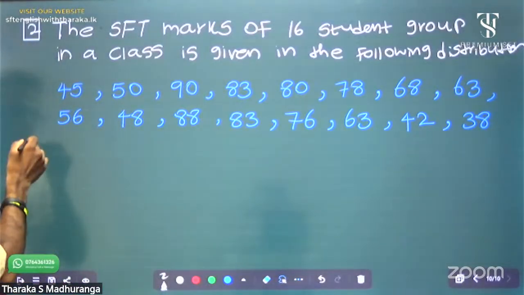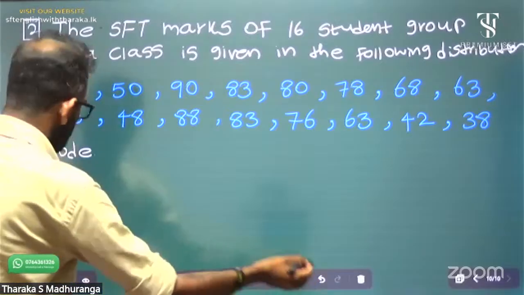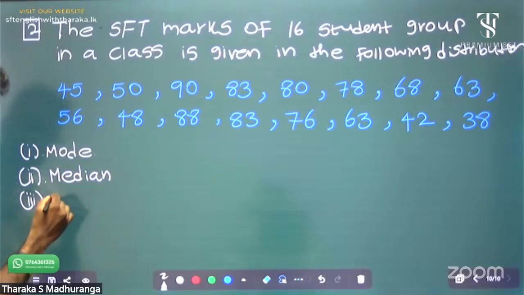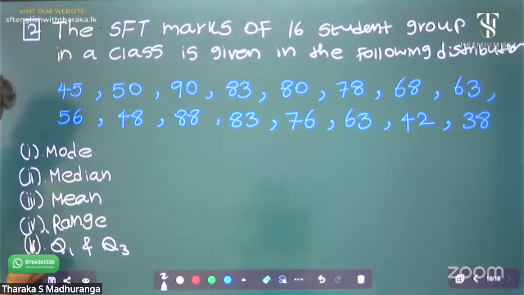I'll write in short form: mode, median, mean, range, Q1 and Q3 quartiles, and finally the interquartile range. Now no need for definitions, only the answers.